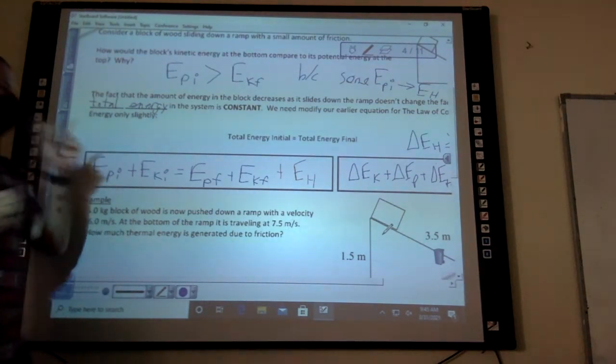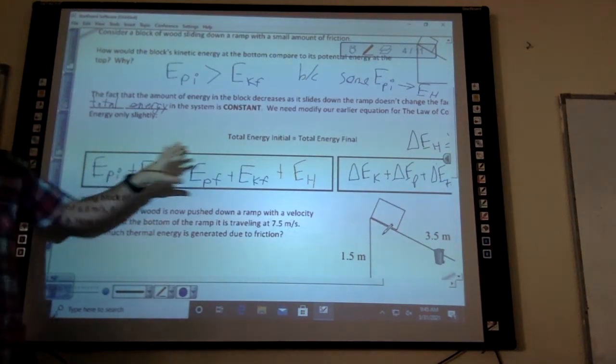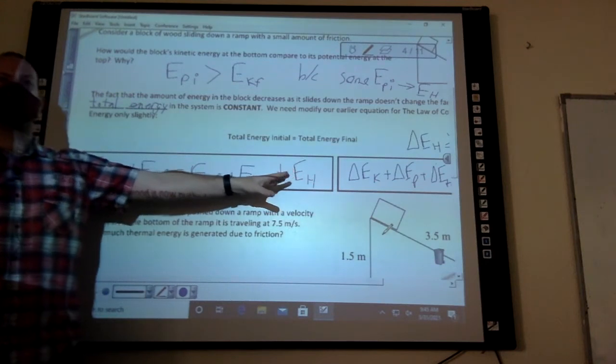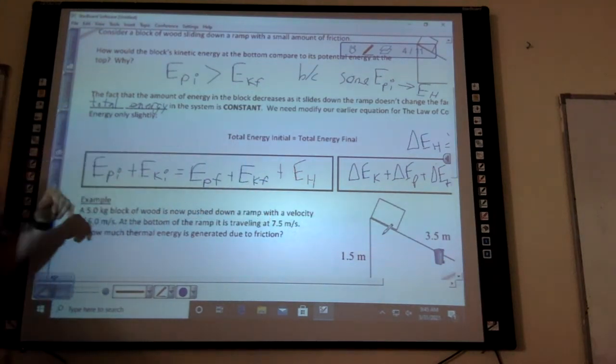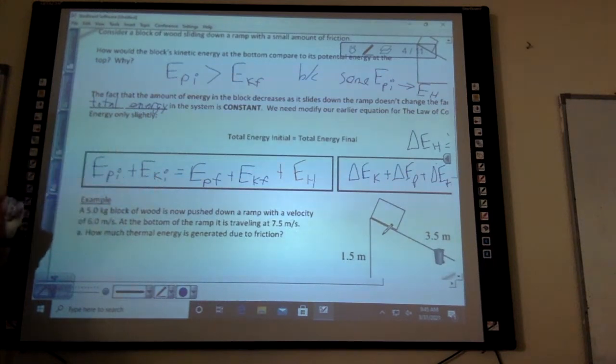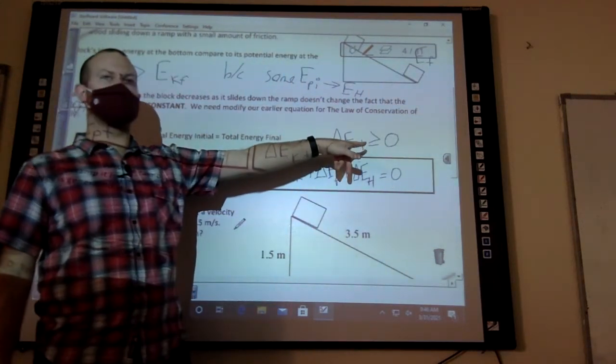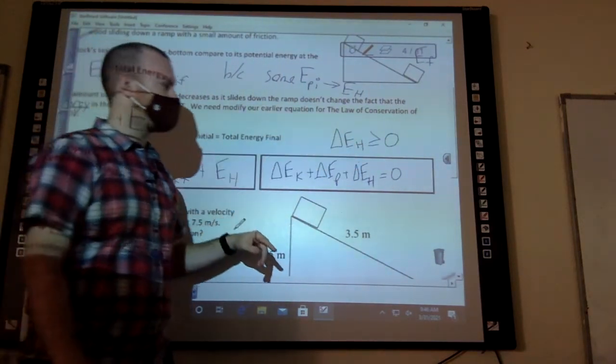So I'm never going to have an initial heat and then a final heat that's 0. I can only get the heat out of the system, I can't put that heat back in. Yeah, essentially the initial heat is always 0. And that's why my change in heat can only be positive. I can never have that be negative.